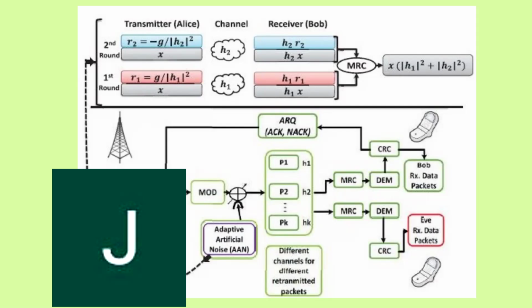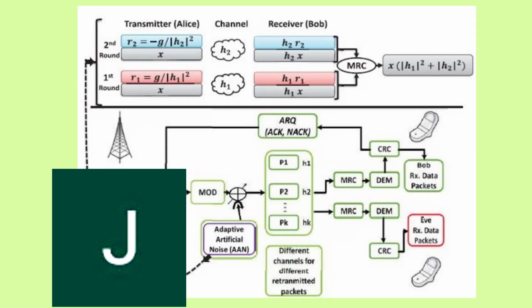Can anybody tell me what we can do? We have techniques that don't depend on using the null space in the channel. Even if we don't have null space, we can still send artificial noise, but these techniques work in a different way.